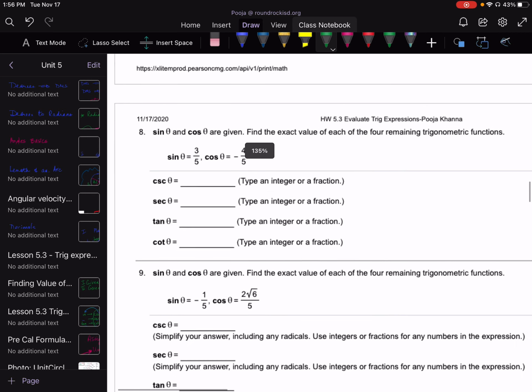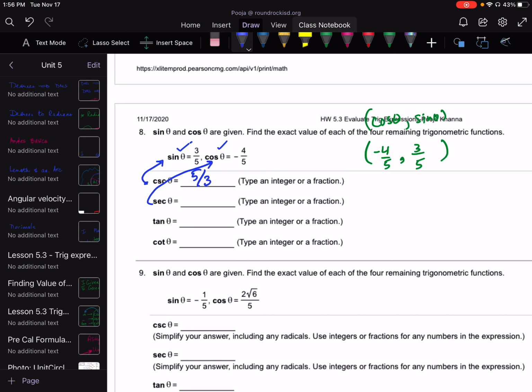Then what if your sine and cosine are given? When sine and cosine are given, they're indirectly giving us the point. Cosine is the x-coordinate, sine is the y-coordinate. So the point is this. Once I have the point, I can find all 6 of them. 2 are already given. Cosecant is flipped version of sine, so 5/3. Secant is reciprocal of cosine.